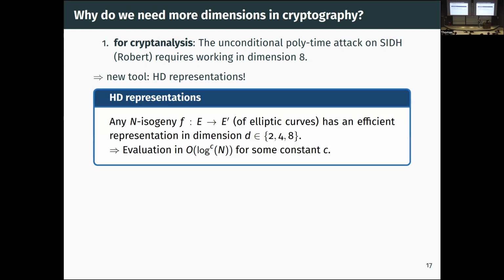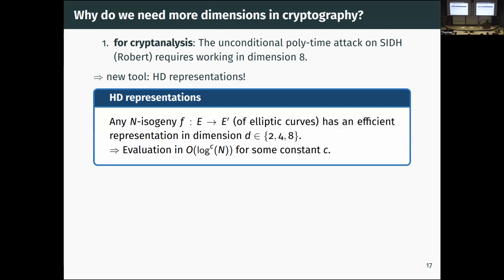And what's very nice about the attacks is they also served as a new tool. One of the most important new tools is the so-called HD representations. What this means is that for an isogeny in dimension 1, so an isogeny between elliptic curves, we can always find a higher dimensional representation, which can be evaluated efficiently.